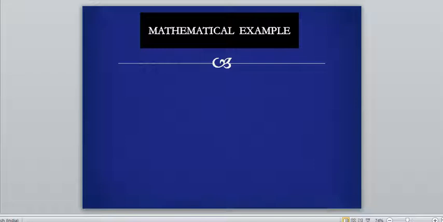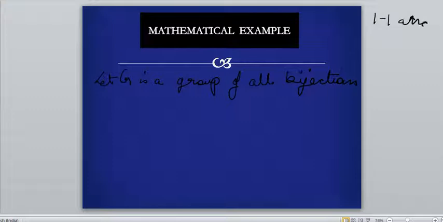Okay, so let's say G is a group. G is a group of all bijections. You know what a bijection is? When it's 1 to 1 and onto, then it's called a bijection.